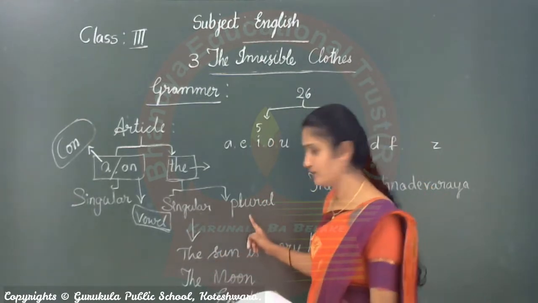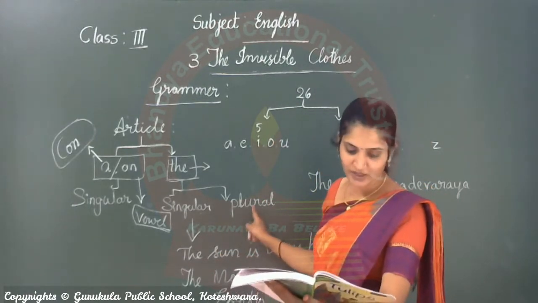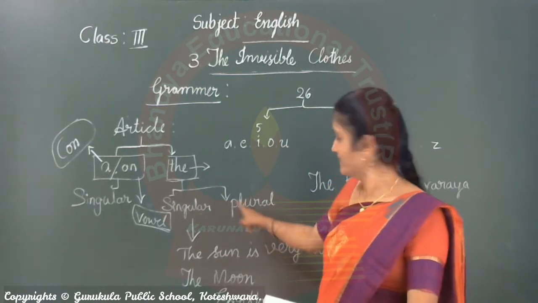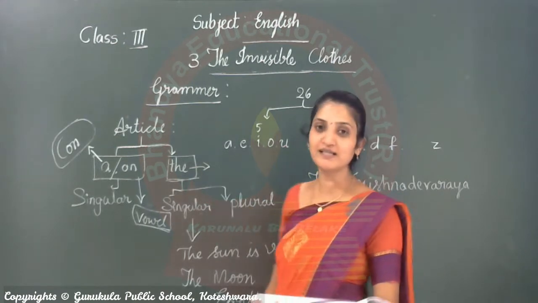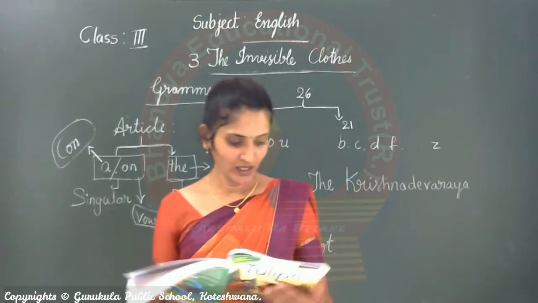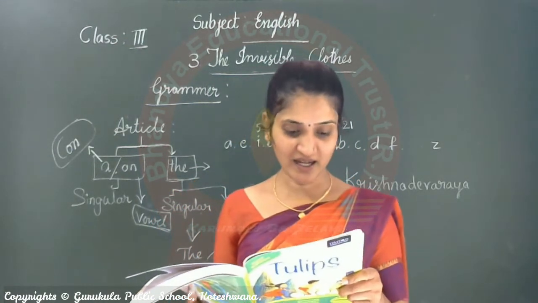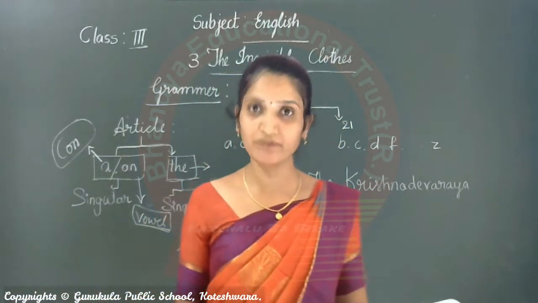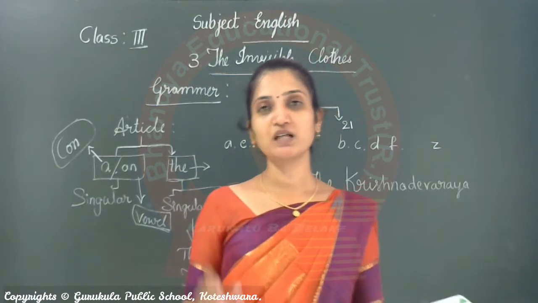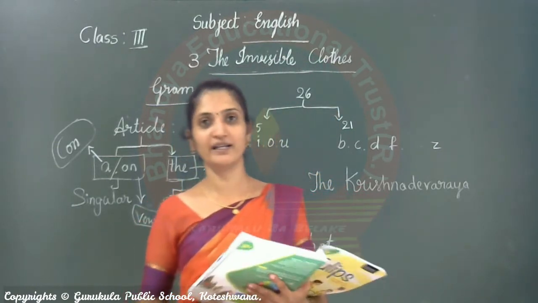Books, more than one, means plural, right? For both singular and plural we are using this article. Then the next one: The children are standing in a queue. Children is also more than one, and for that also they are using the article.